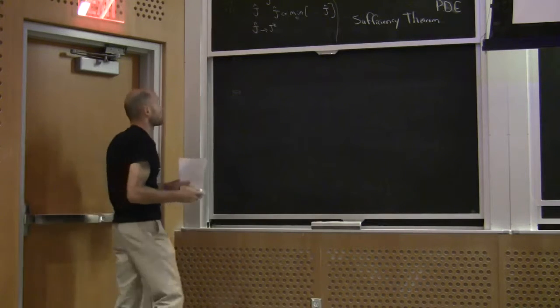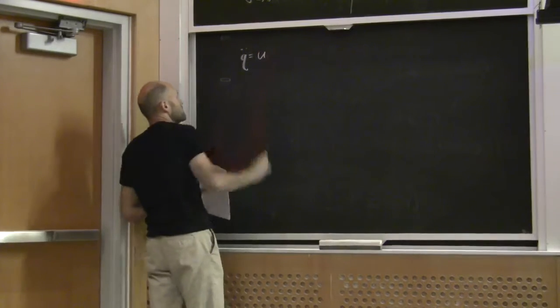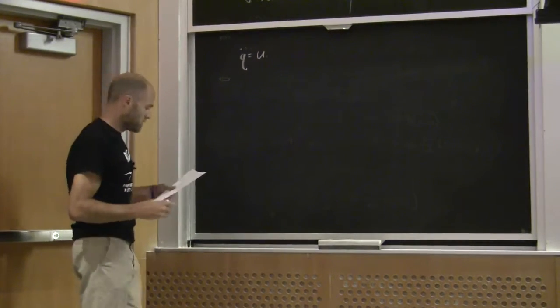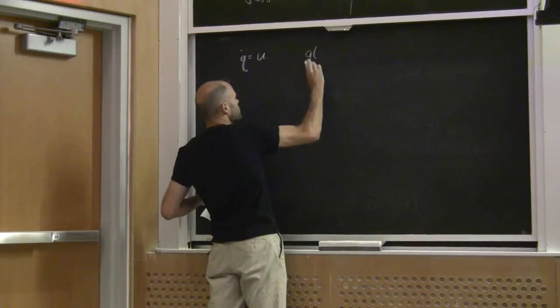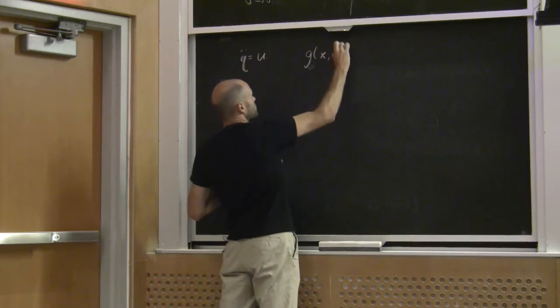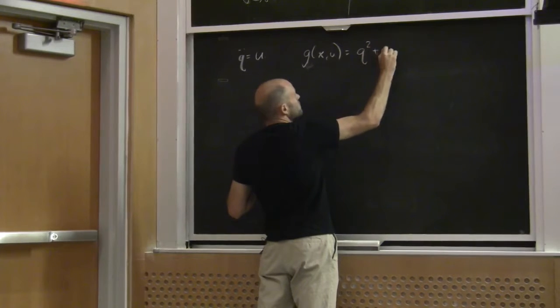So let's take our friend, the double integrator. This time I'll leave u unbounded, but I'll make my cost function be something like this.